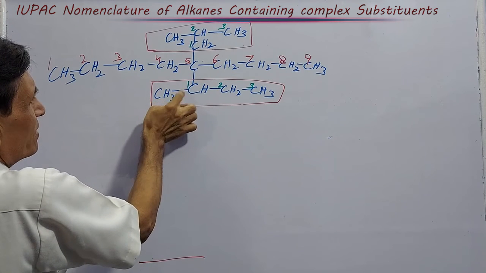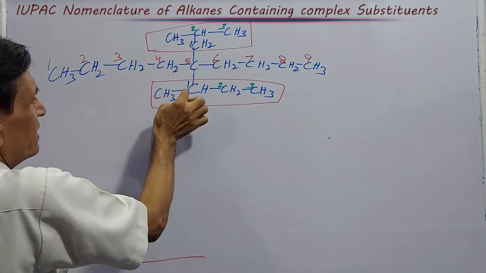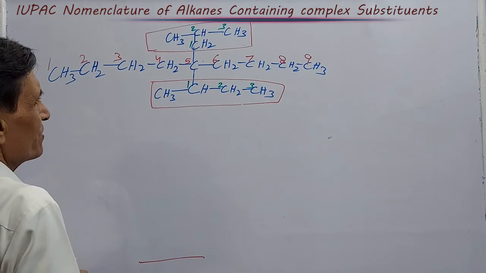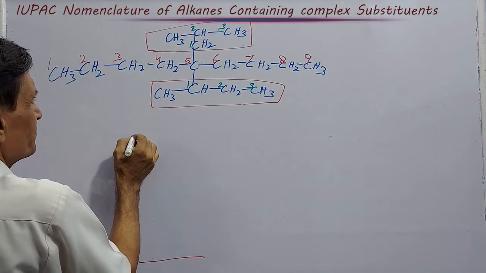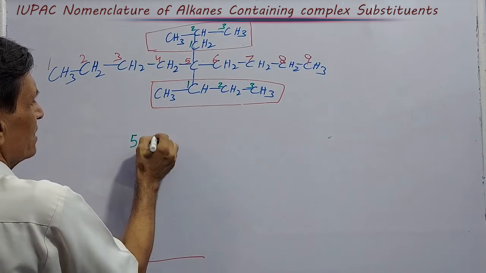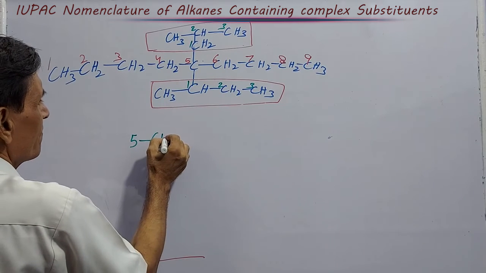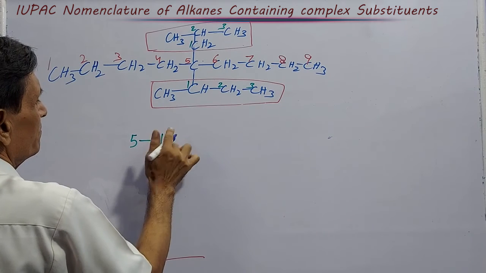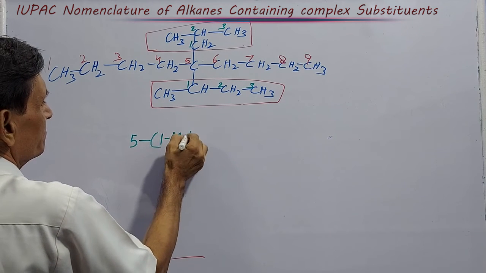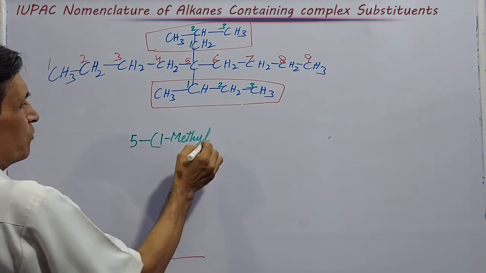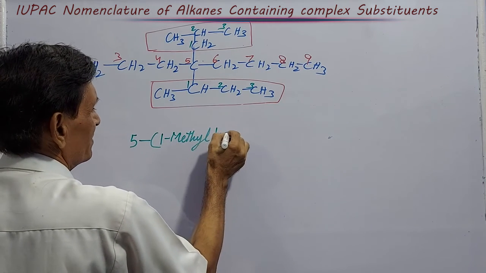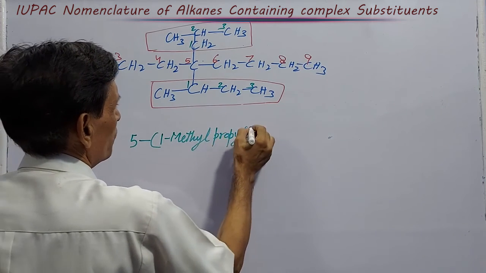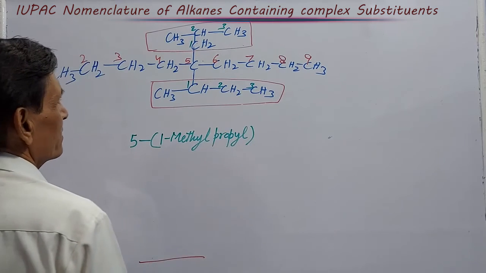This is lower, 1-methyl, and this is 2-methyl, so this one will be written first. 5-(1-methyl propyl), enclosed in bracket.